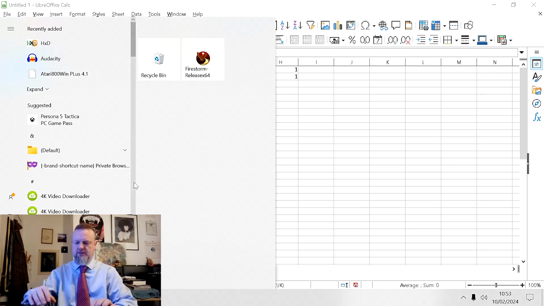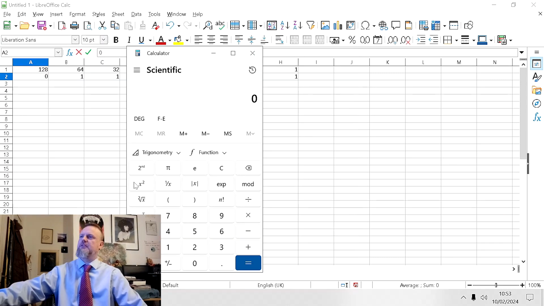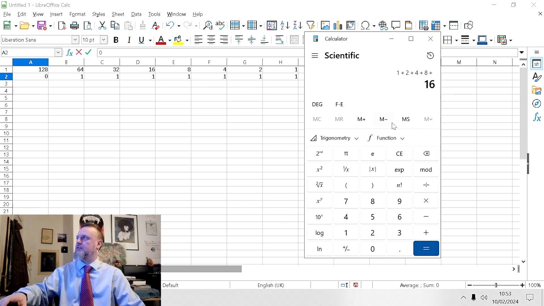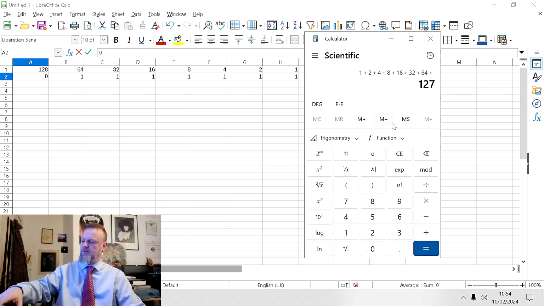So if I get a calculator up, 1 plus 2 plus 4 plus 8 plus 16 plus 32 plus 64, and there you go, 127. If the most significant bit was 1, then we'd have 255.